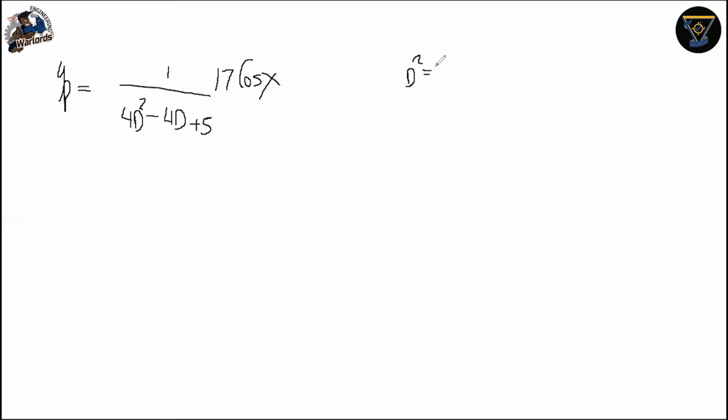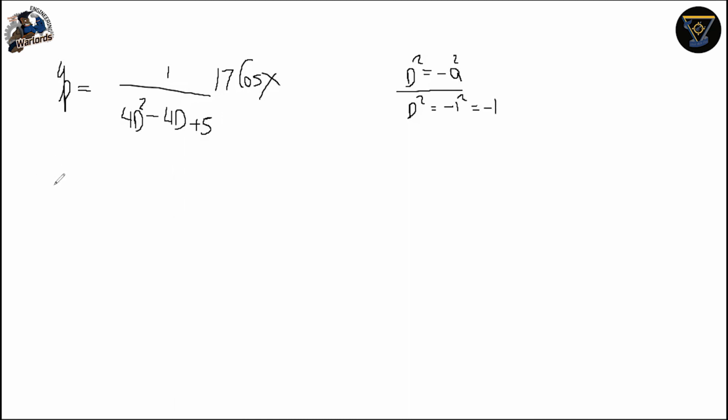This is a formula you need to know when you're using any trig function. So d squared is equals to negative 1 squared, which is the same thing as negative 1. So all you do is substitute d squared equals negative 1.